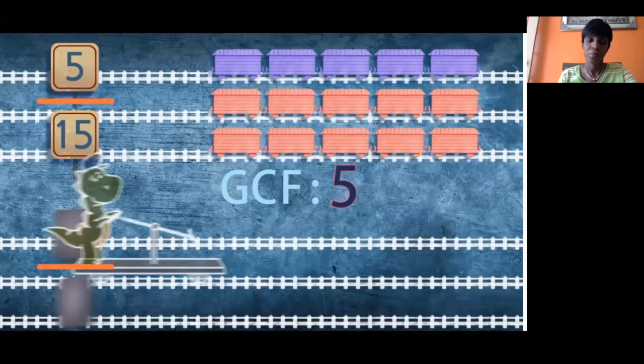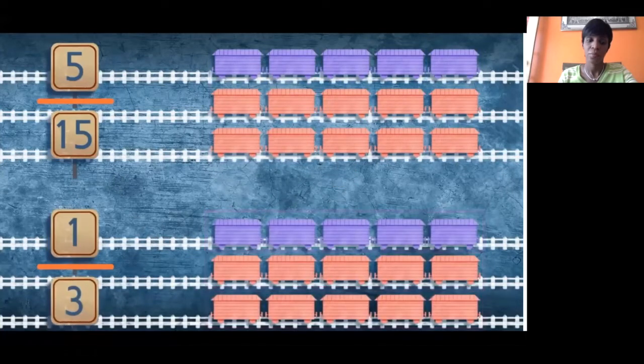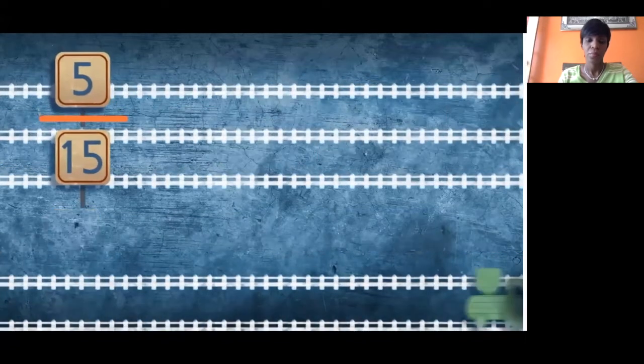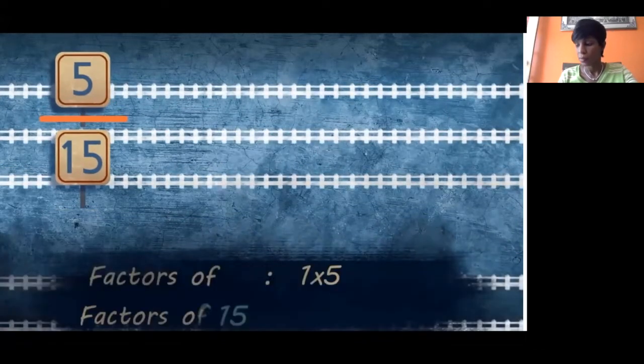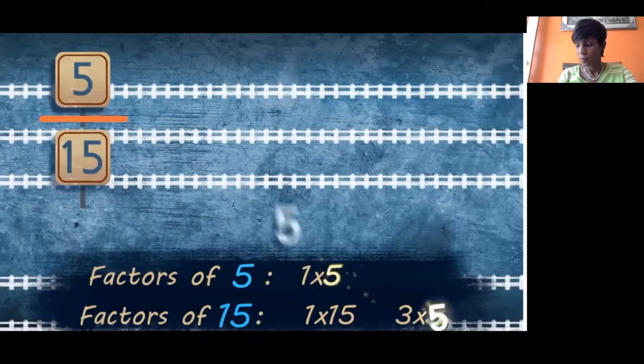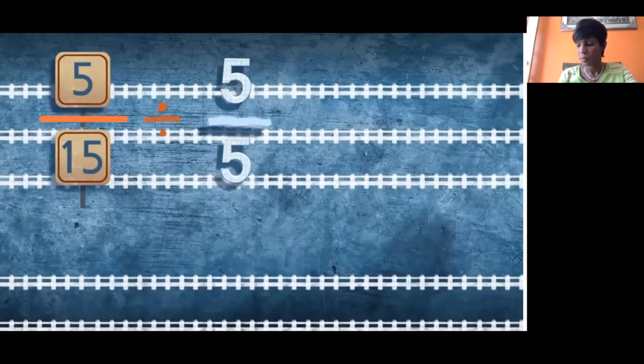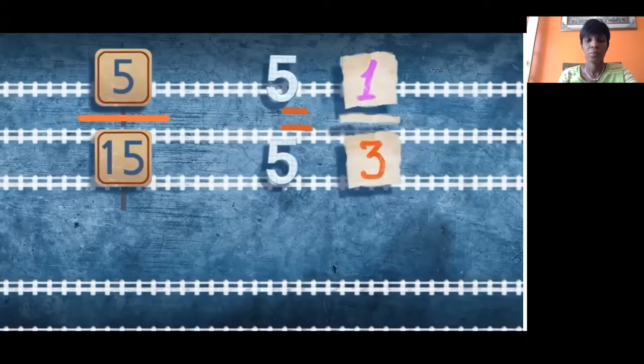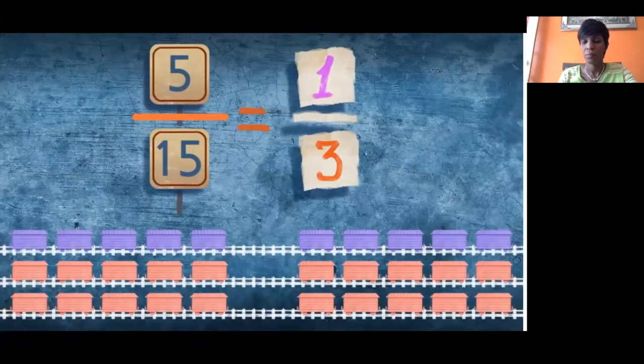So divide both by 5, get 1/3. It's lowest terms. It's so boss being a nerd. To convert to the simplest form, we gotta find the greatest common factor. Then take that numerator and denominator and divide them by that common factor. That common factor.